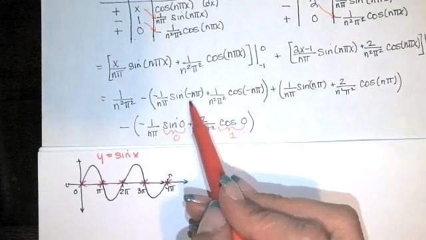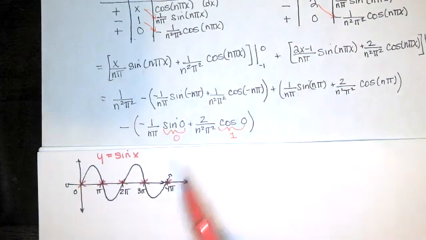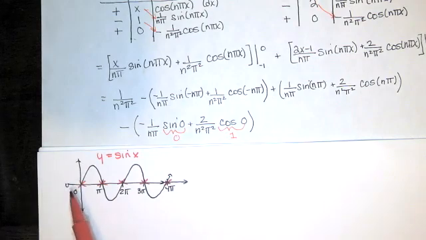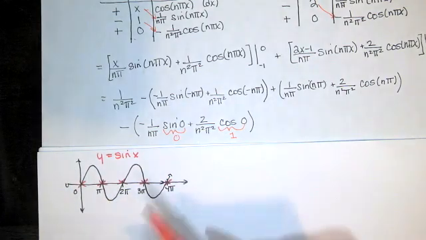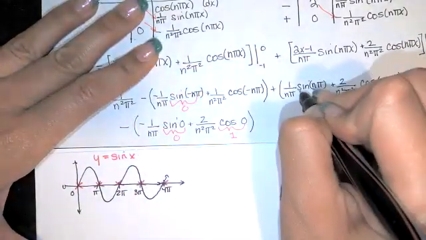Remember, n is a counting number 1, 2, 3, and so on. We're going to get 0 for sine of n pi. And if we have negative sine of n pi, well, that's just on the other side, we'll still get 0. This pattern continues. So this guy right here is 0, and this guy is 0.